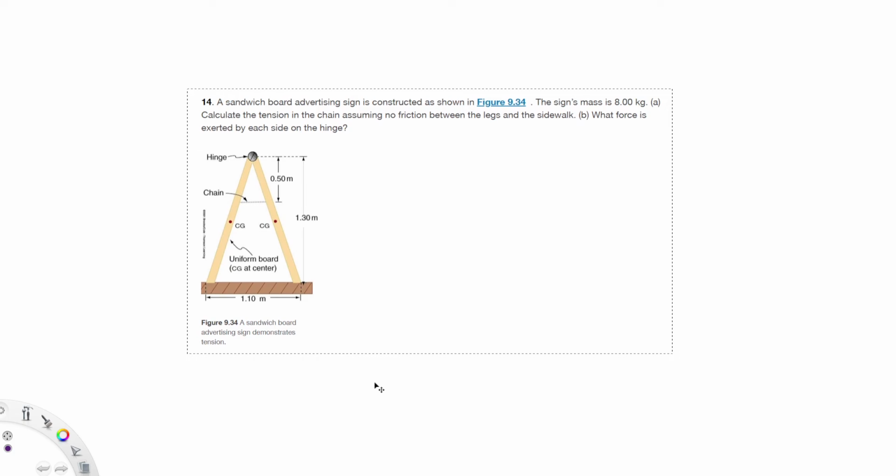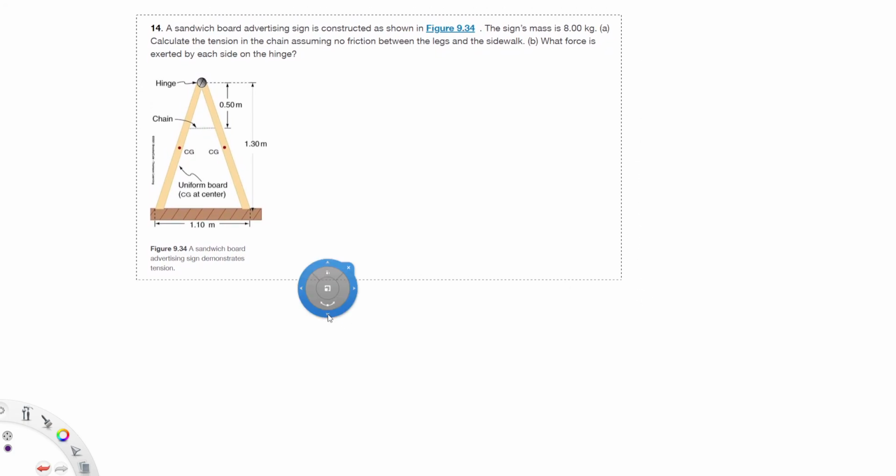All right, here's the problem that Yusuf was asking for. So there is a chain in between the two halves of a sandwich board.